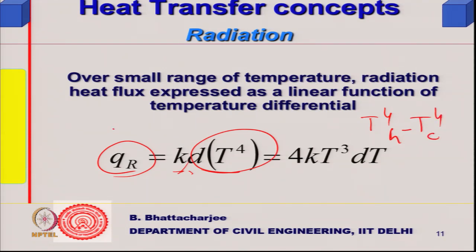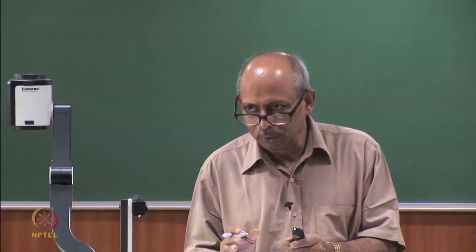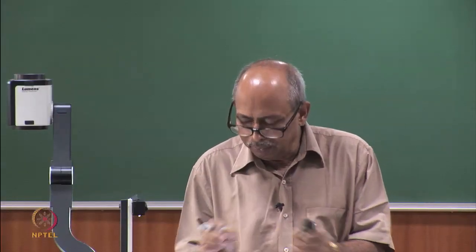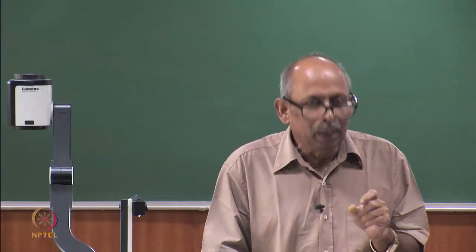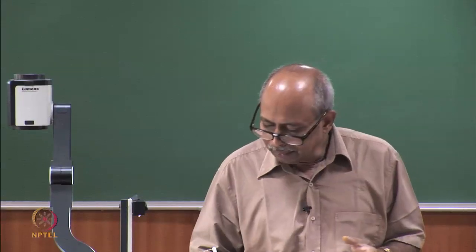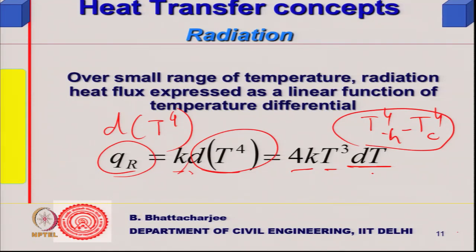This is nothing but a small difference in T to the power 4. If the temperature differences are not too large, it can be written as 4 T cube dT. So, when TH is not too different from TC, you can approximate it as 4 T cube dT.